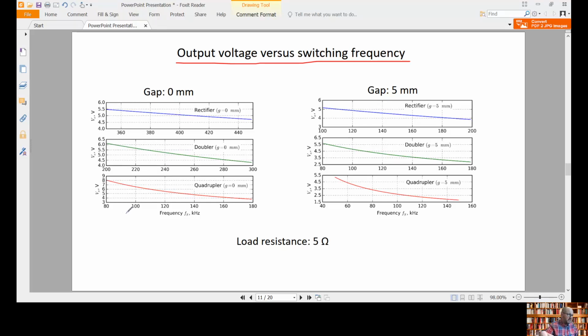Same thing if we use a quadrupler, then the switching frequency must be even lower, in order to obtain values around this required point of 5 volts. For a gap of 5 millimeters, we have these other characteristics, which are also very similar, and this has been obtained for a load resistance of 5 ohm. So we are going to have around 5 watts at the output.